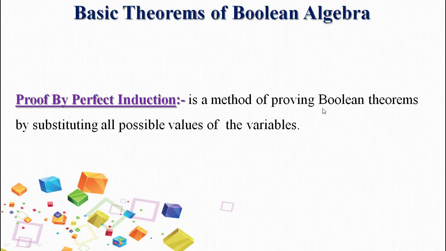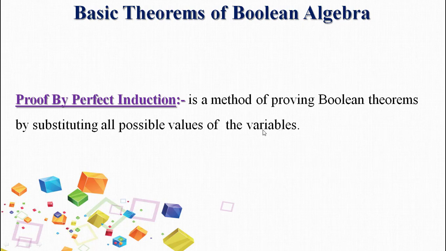It's a method of proving Boolean theorems by substituting all the possible values of the variable and hence proving it. Now, what do we mean by all the possible values of a variable? We are dealing with Boolean algebra, which deals with Boolean variables or binary quantitative variables.